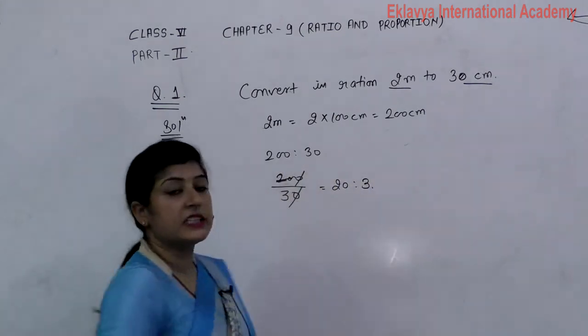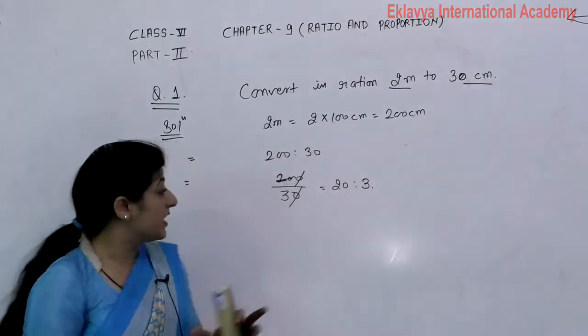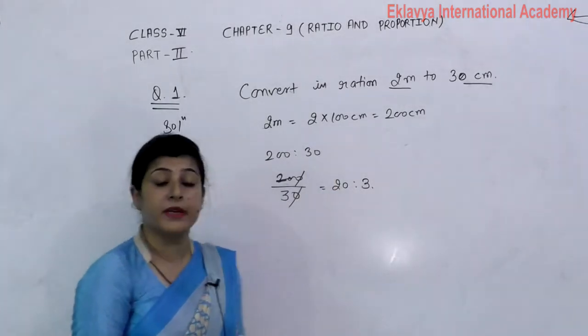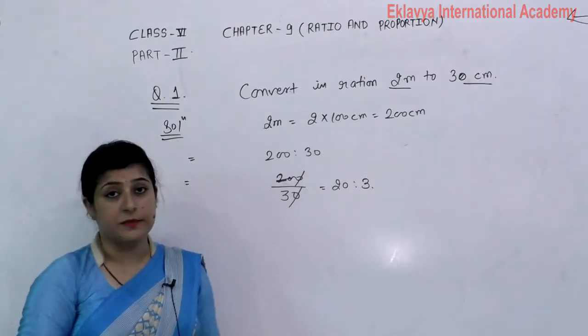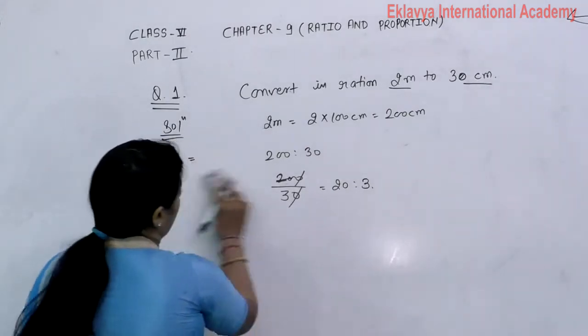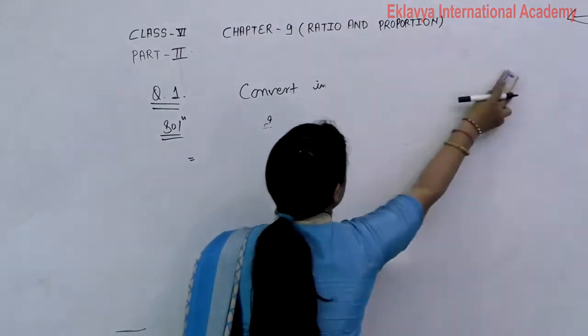HCF of 20 and 3 is equal to 1, that's why now it is in simplest form. So the answer is 20 ratio 3.